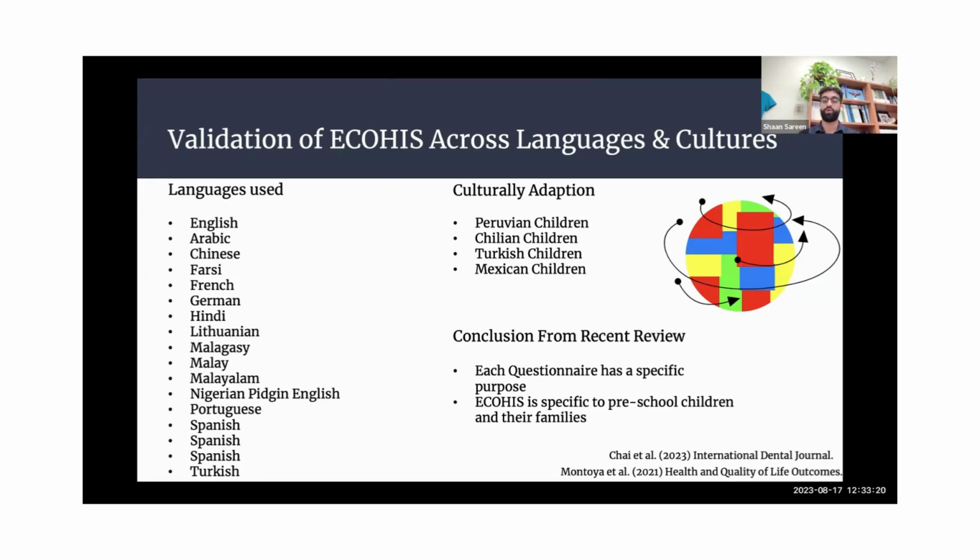Instead, each questionnaire had a very specific purpose, and ECOIS is specific to measuring the oral health related quality of life in preschool children and their families, and has also shown a good ability in distinguishing between those with early childhood caries and those that are caries free.